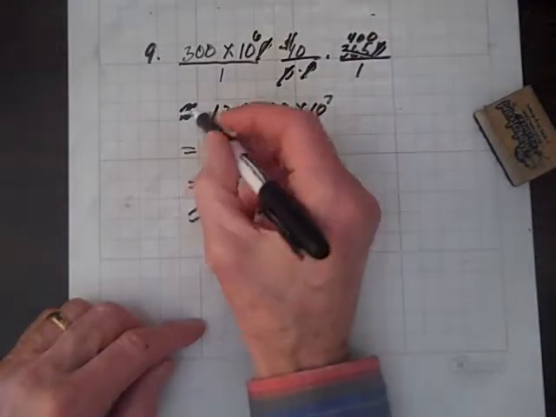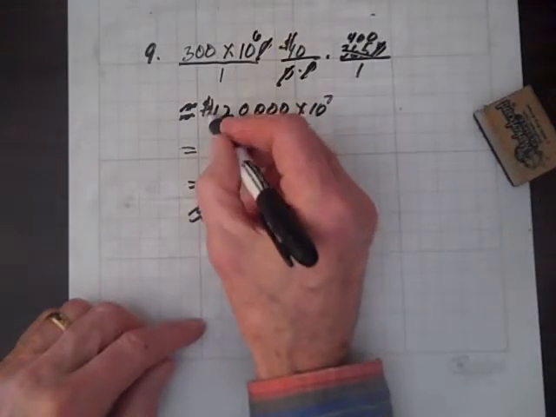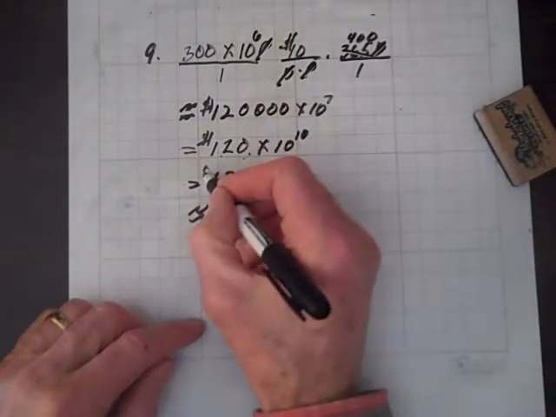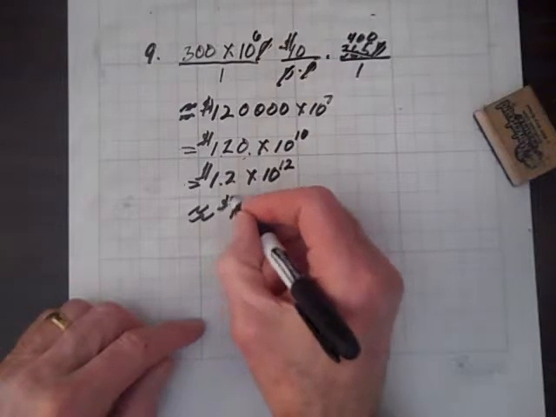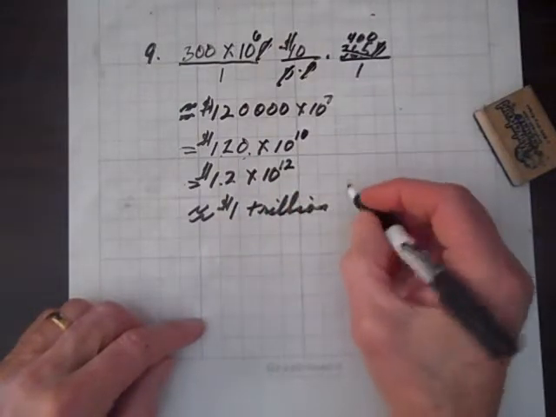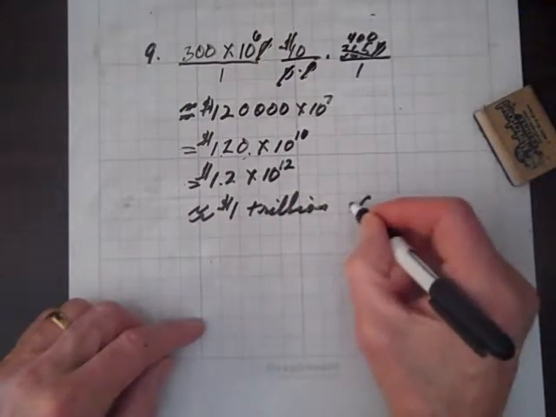And we've been talking dollars all along. Maybe I better include that. So we just determined that it is C, $1 trillion.